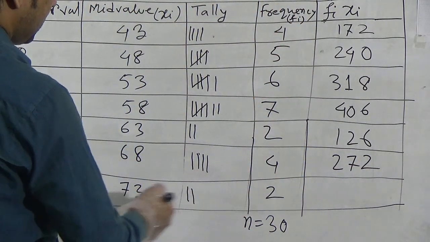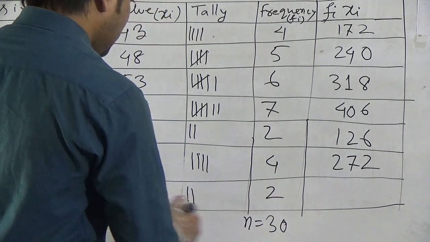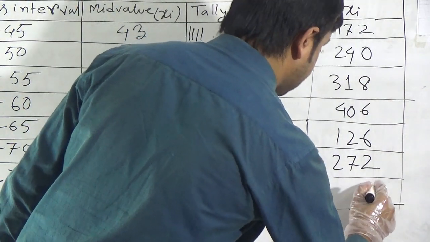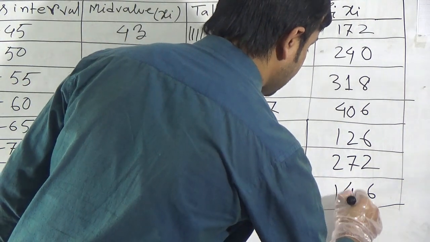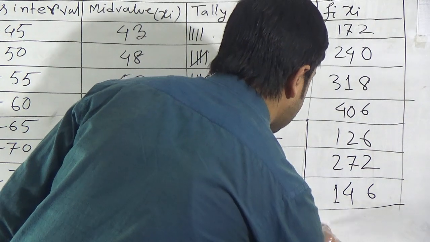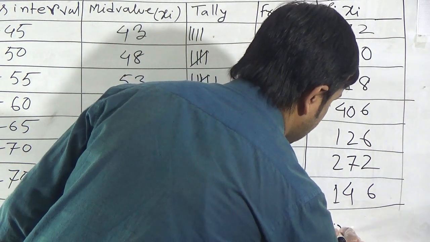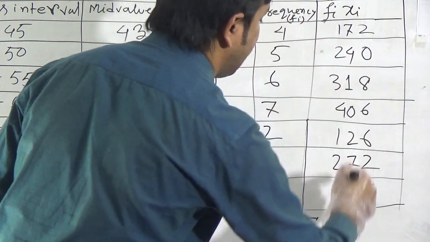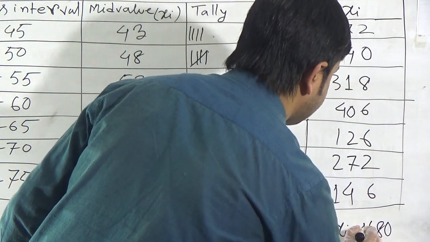Now last one, 73 multiplied by 2: 2 3s are 6, 2 7s are 14. If we find the sum of Fi xi, this sign is known as summation. Summation of Fi xi, if we add all this, we will get 1680.